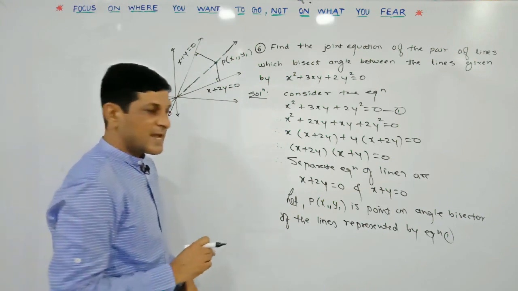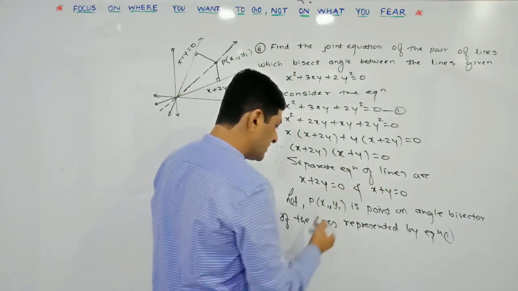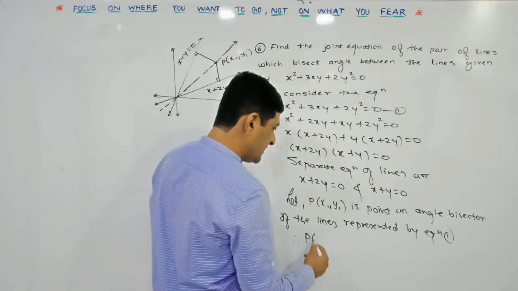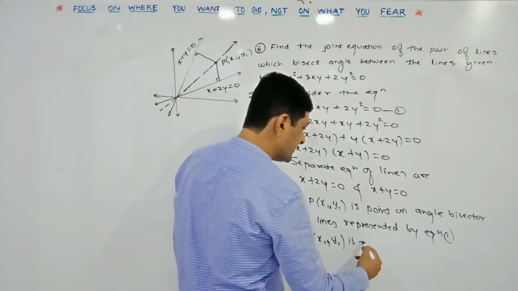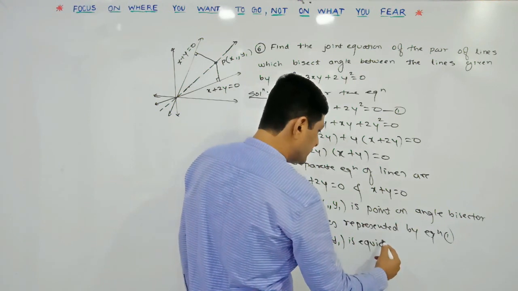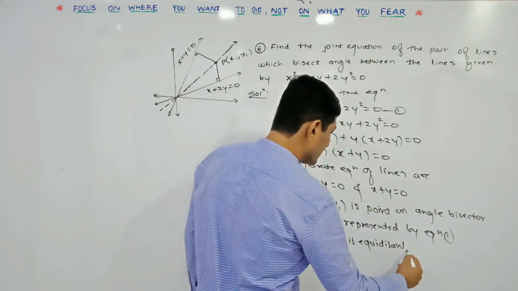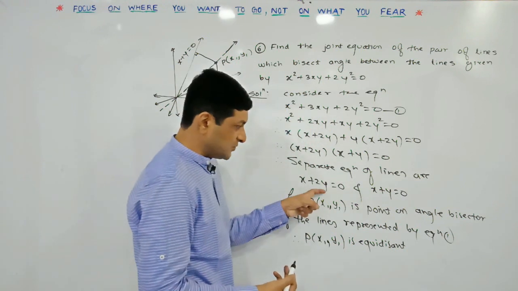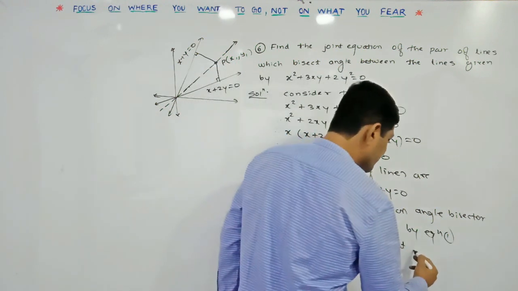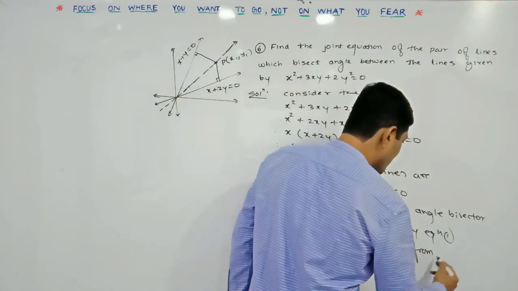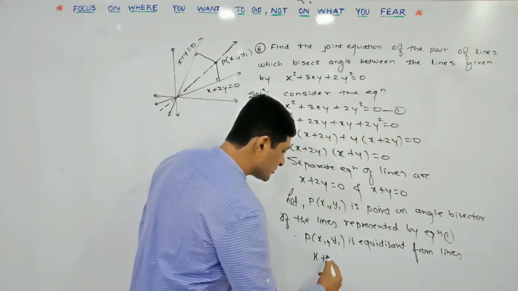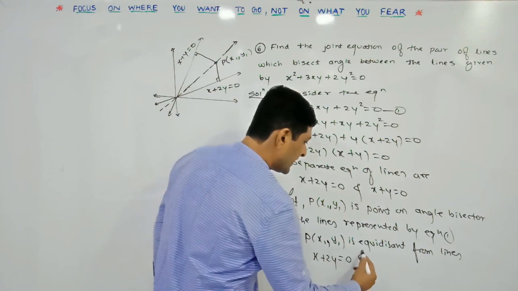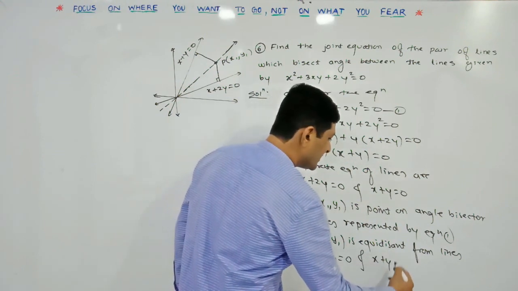We have taken P as one point on the angle bisector. Since it is a point on the angle bisector, it will be equidistant. Therefore P having coordinates x1, y1 is equidistant from the two sides, that is, from the lines x plus 2y is equal to 0 and x plus y is equal to 0.